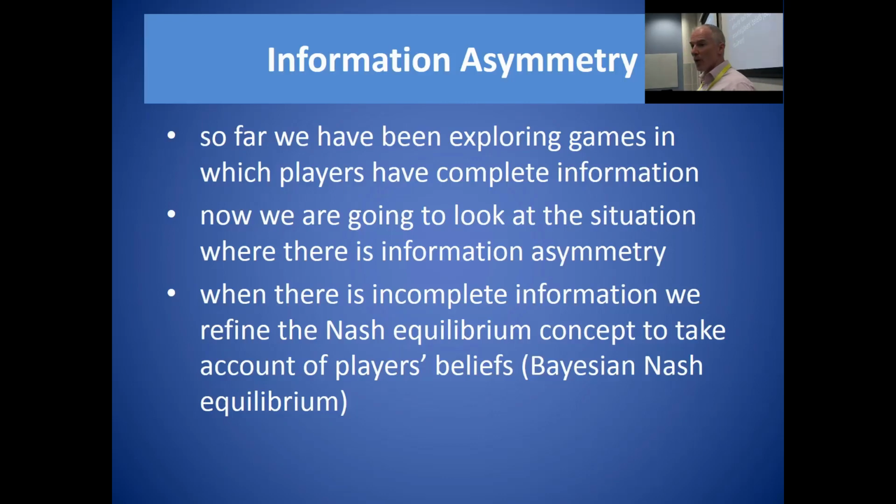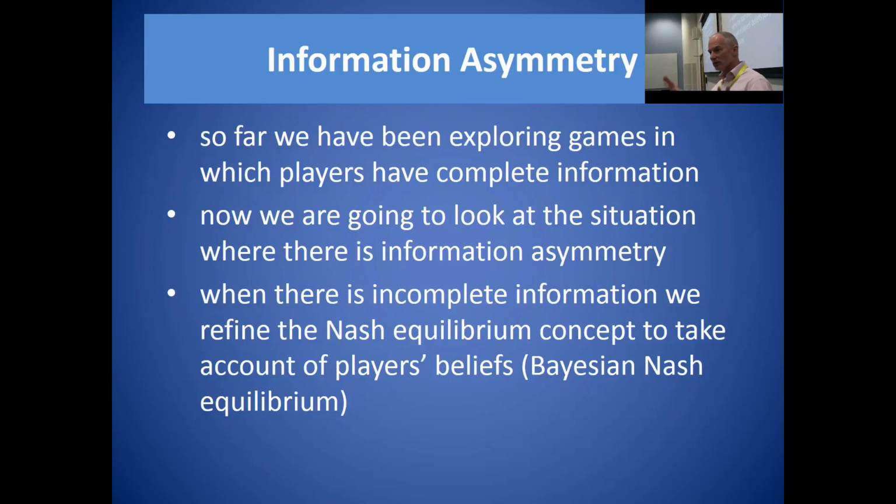And as such, our equilibrium concept won't be a Nash equilibrium, but rather what's described as a Bayesian Nash equilibrium, because these games where there is information asymmetry are known as Bayesian games. And in a Bayesian Nash equilibrium, players again will want to choose optimal responses, but this will take account of the players' beliefs, their expectations, what they think is going to happen. Because with information asymmetry, they cannot guarantee what's going to happen.